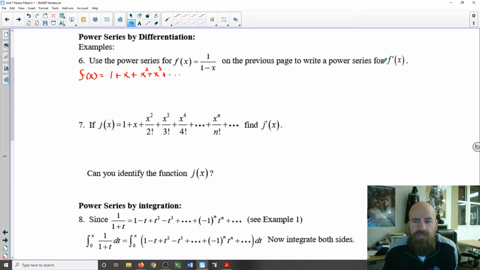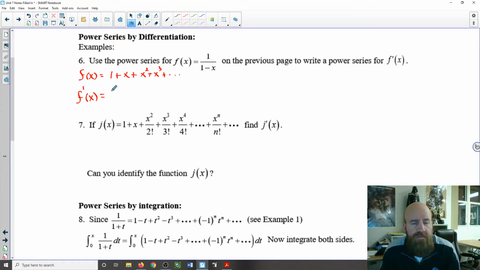Alright, so now for f prime, all we have to do is take the derivative of our power series, which is really nice because this is a polynomial. We know how to take derivatives of polynomials really well. And that's one of the big ideas behind a power series, why we have power series, so we can easily take the derivative.